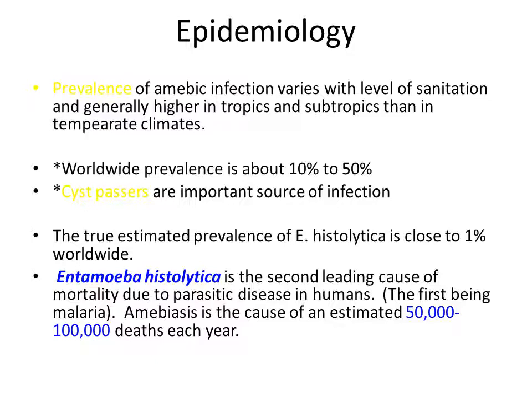The true estimated prevalence of Entamoeba histolytica is close to 1% worldwide. It is the second leading cause of mortality due to parasitic disease in humans, the first being malaria. Amebiasis causes an estimated 50,000 to 100,000 deaths each year.